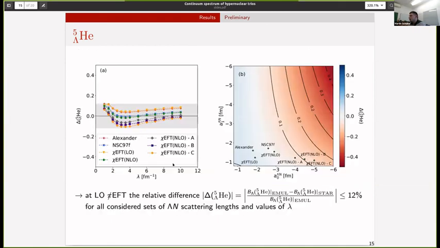If we look at the relative difference of these helium-5 Λ separation energies for emulsion and star, we see that this relative difference is less than 12% over the whole cutoff range.